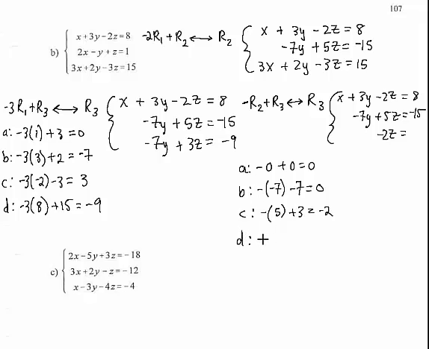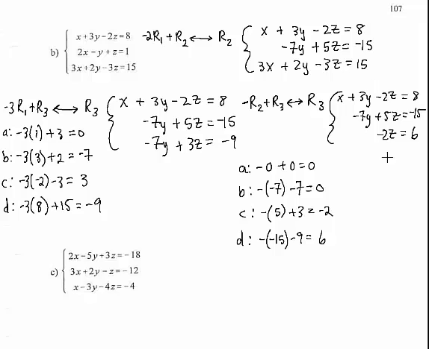I have a negative row 2, which is a negative 15, and then minus 9. This is a positive 15 minus 9, so I get a 6.